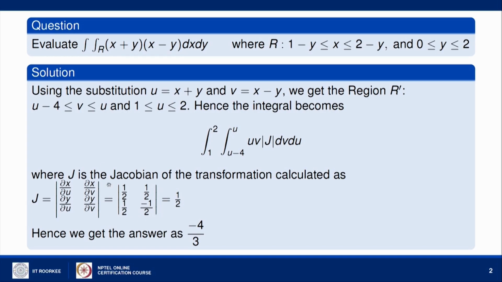When I evaluate this, it will come out to be minus 1 by 2, and since I have to take the absolute value, it is 1 by 2. If I substitute it here, it becomes 1 by 2 double integral uv dv du. After evaluating this integral, I got the value as minus 4 by 3.